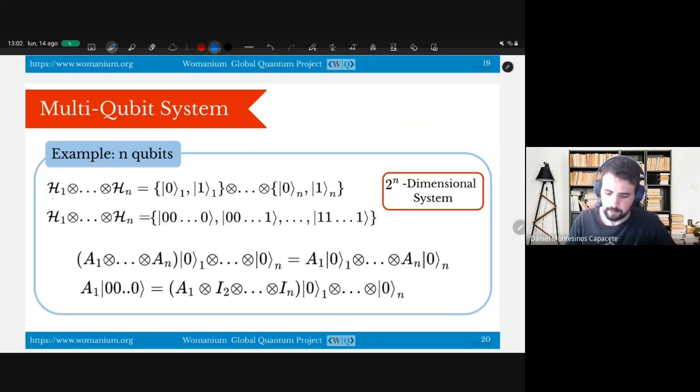You just have to add more Hilbert spaces to the tensor product here. You go H1 times H2 times H3 until you finish with all the Hilbert spaces that you are working with.